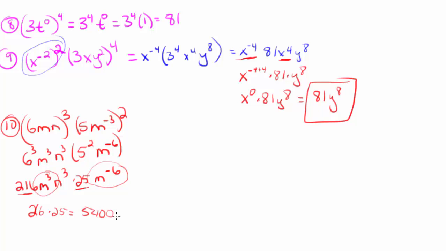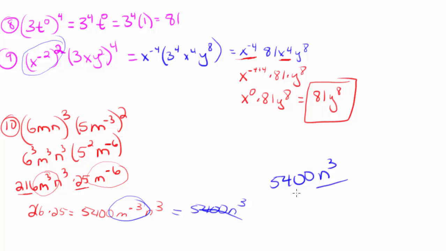So we're going to add those and get m to the negative 3, n cubed. I wish we were done, but we're not, because now we have this negative 3. Can't have that. So 5,400 n cubed all over m cubed. Let me rewrite it. So we want to make that positive.